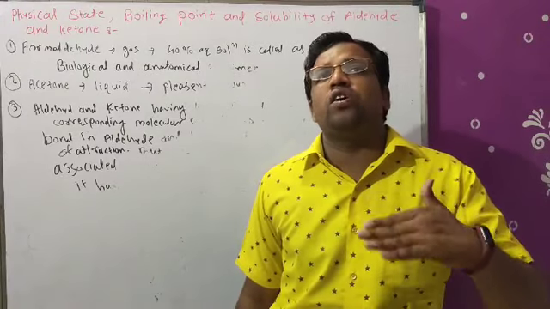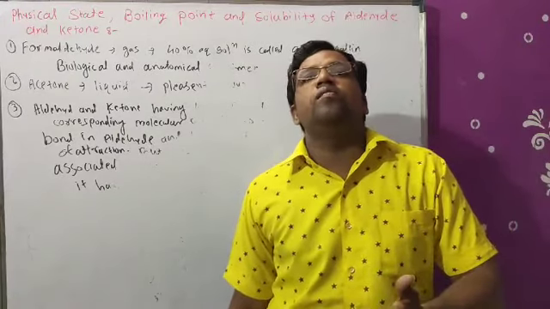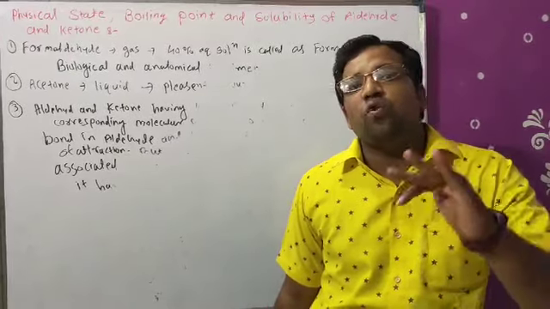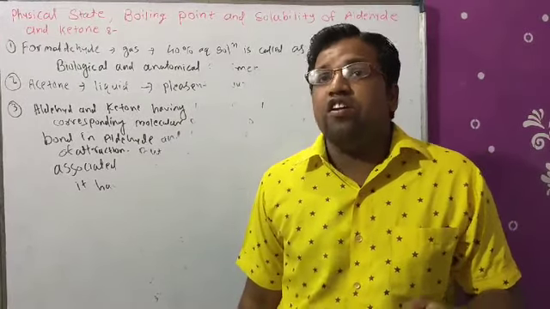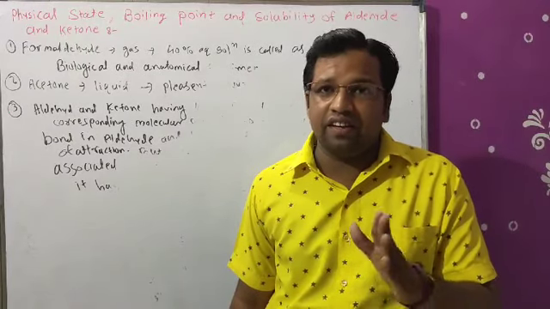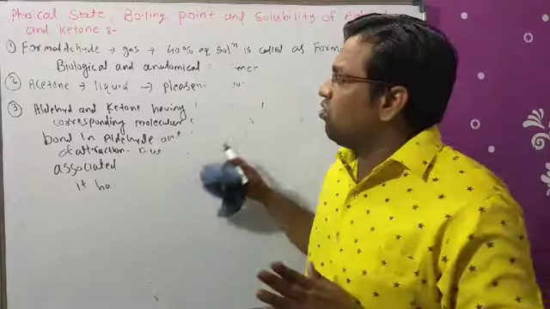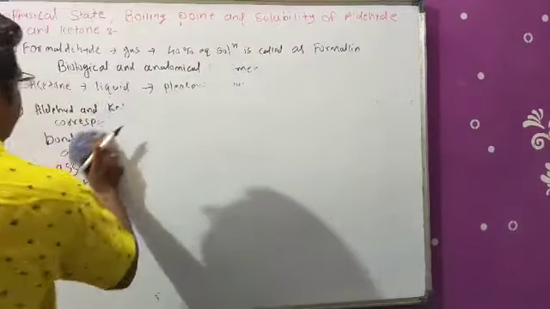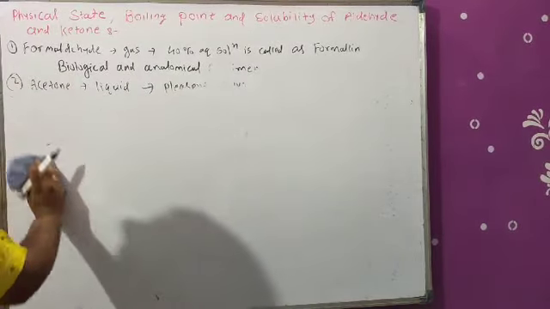But as the molecular weight increases, the solubility of aldehyde and ketone in water decreases. Why? Because the non-polar alkyl group part increases in aldehyde and ketone. So our next point is solubility.